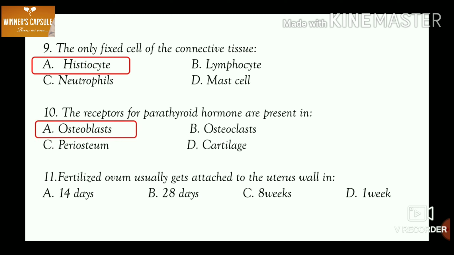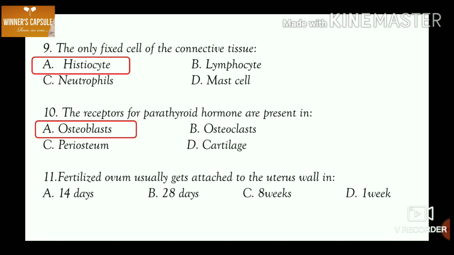In bone, we can see three types of cells, that is osteoblast, osteocytes and osteoclast. Osteoblast expresses receptors for various hormones such as parathyroid hormone, vitamin D3, estrogen, and glucocorticoids.